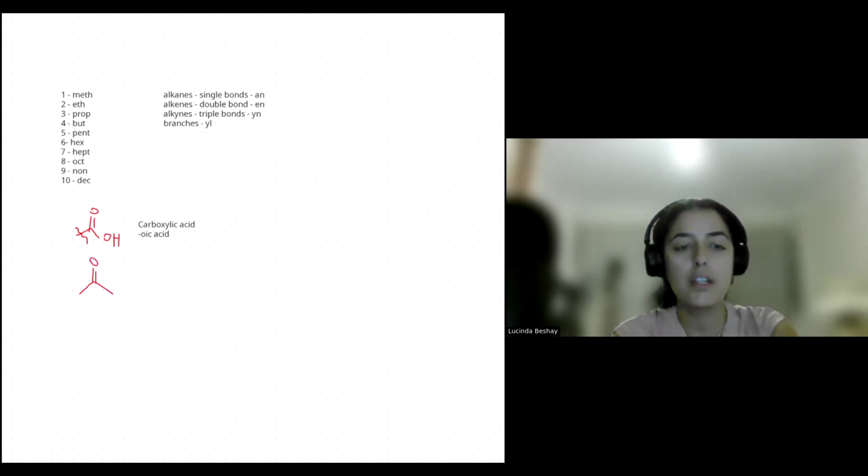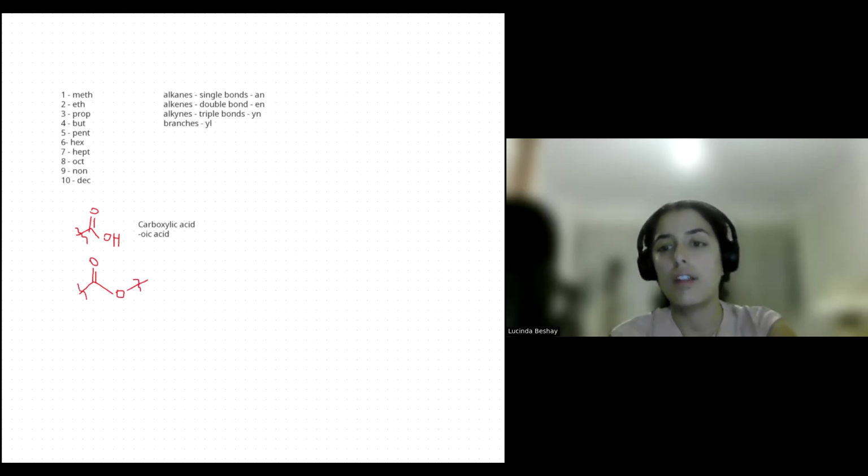Now, the difference between carboxylic acid and ester is that the ester is bonded to a carbon at this oxygen right here. It's bonded to a carbon chain rather than a hydrogen. So the ending of an ester, ester loves eating. Ester absolutely loves eating. So ester ends in -oate.